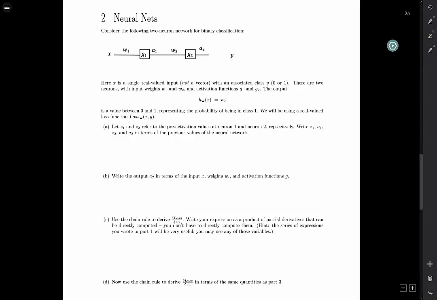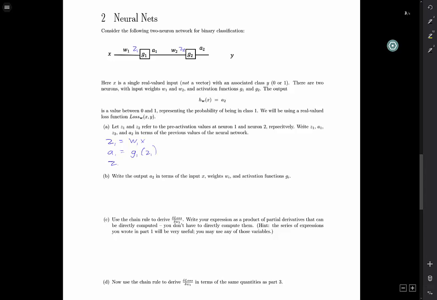So in part A, they say let Z1 and Z2 refer to the pre-activations. Z1 would be right here and Z2 would be right here. Now they want us to write them in a chain. So Z1 equals W1 times X, and then A1 is we apply G1 to Z1.